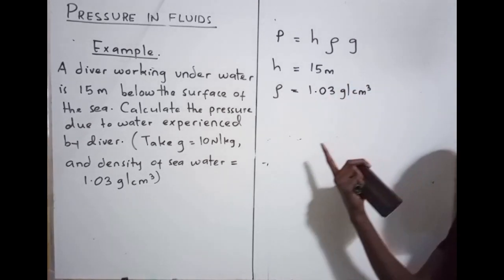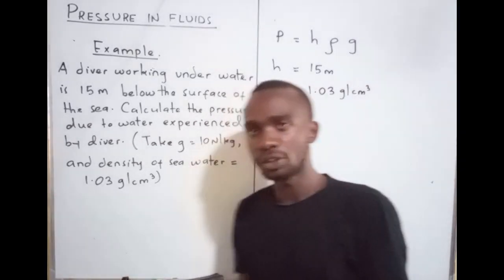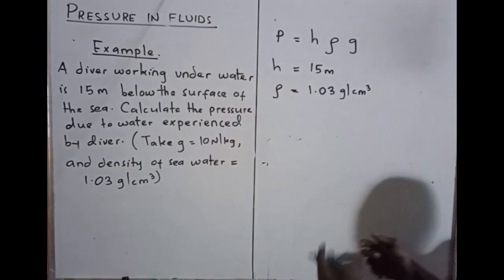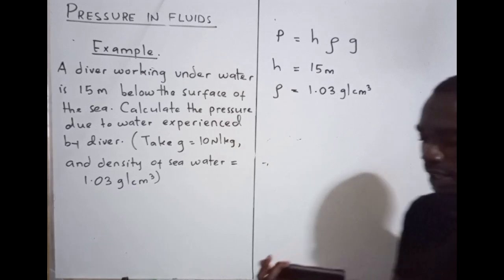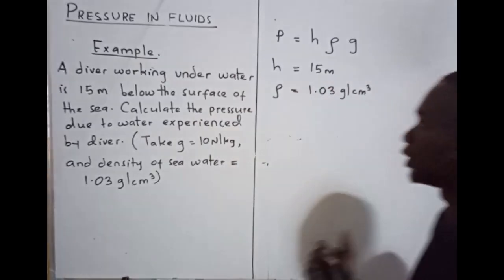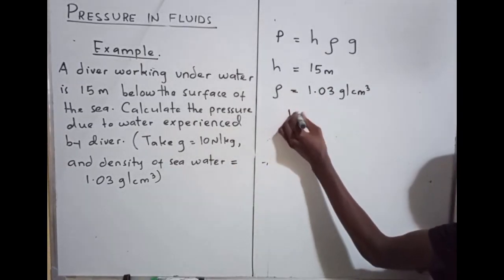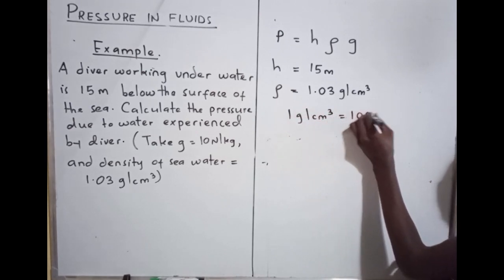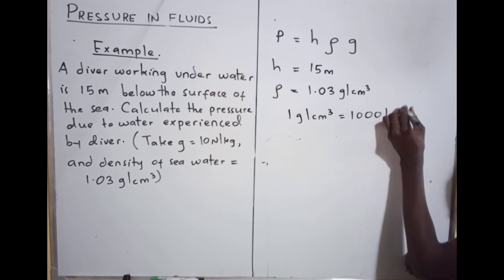Now this density, we are going to convert it to the SI unit of density, which is kilogram per cubic meter. The relationship is that 1 gram per cubic centimeter is equivalent to 1000 kilogram per cubic meter.